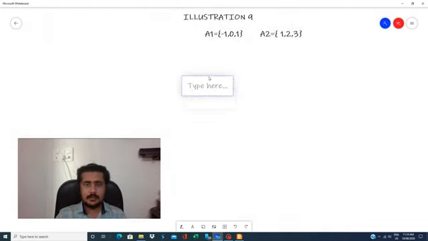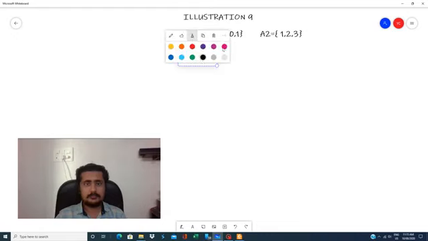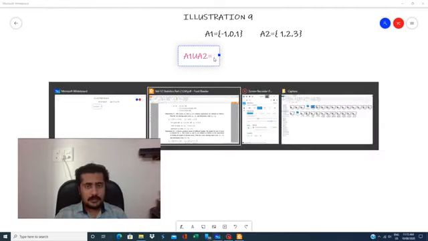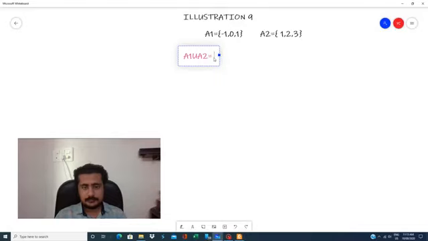Now what is asked of you? You are asked to find A1 union A2. So A1 union A2 is all the digits combined, that is minus 1, 0, 1, 2 and 3.